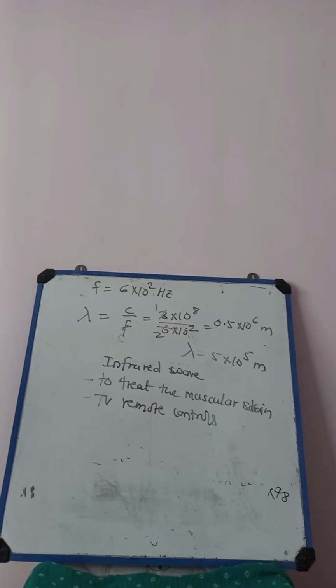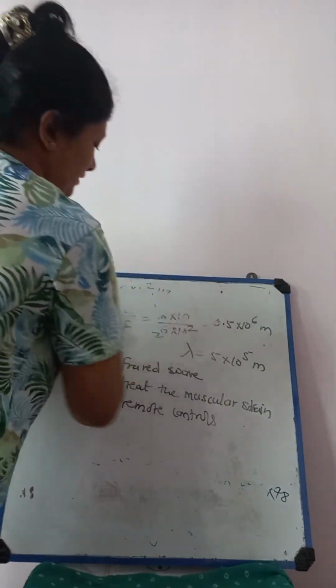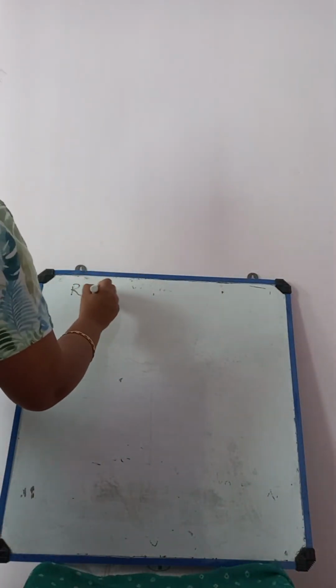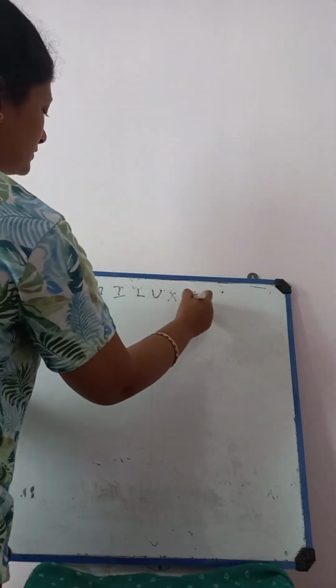They are asking for descending order of frequencies, very important. I gave you a mnemonic and how to recall it, and what increases and what decreases. We know: radio, Mirchi, I love you, Xerox gun.